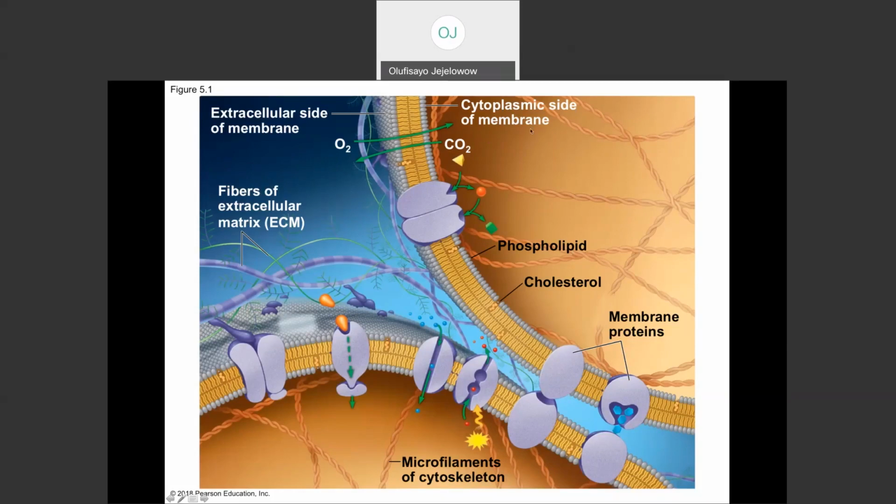So the membrane proteins that are suspended in the phospholipid bilayer can act as enzymes to speed up the rate of chemical reaction.